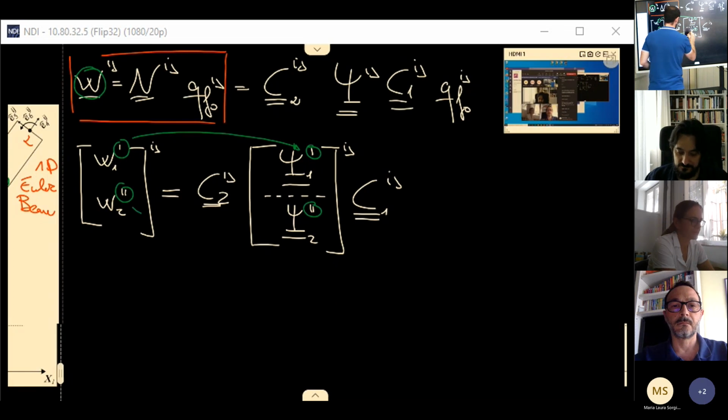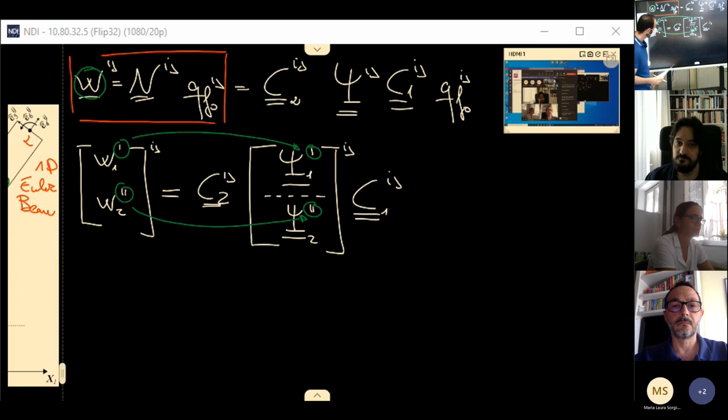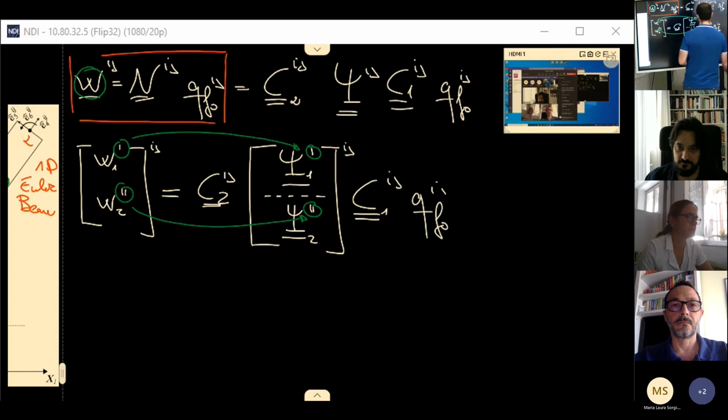Again, because the space dependence in this writing is only ascribable to the element shape functions. And then again we have, of course, the final vector, so ij.